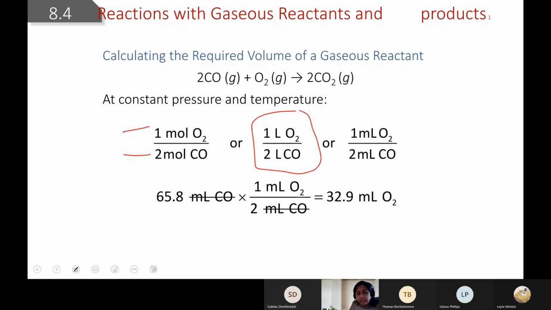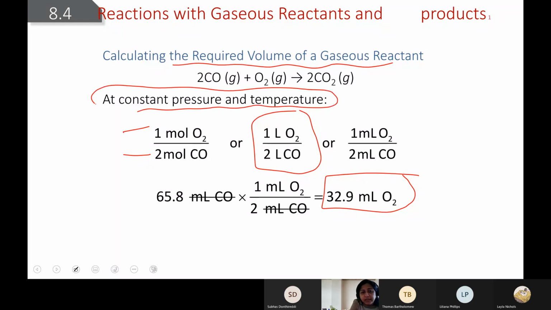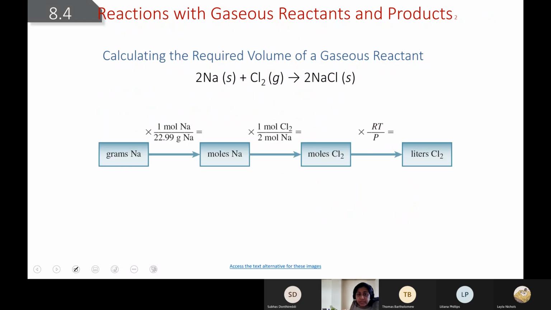It is easier to calculate the required volume of a gas if the pressure and the temperature are kept constant. Then you can calculate the required volume of a gas even when the substances are in two different physical states.